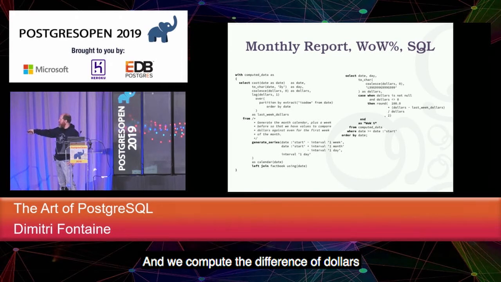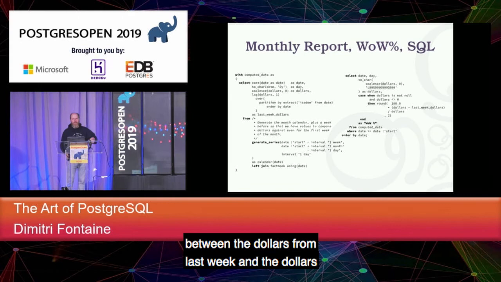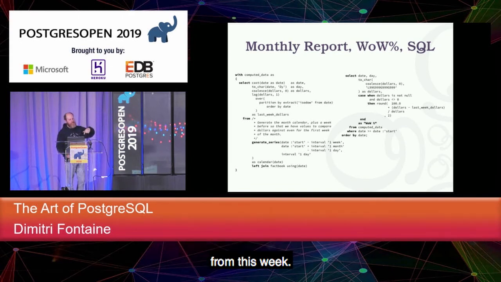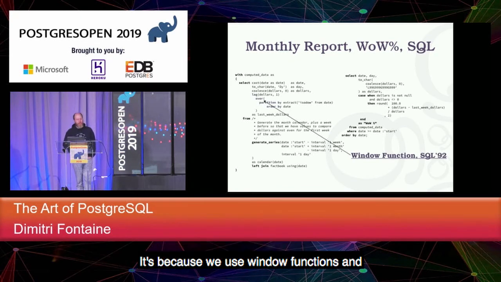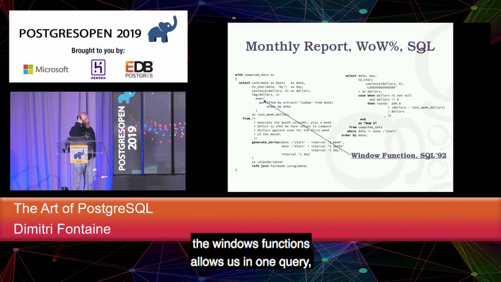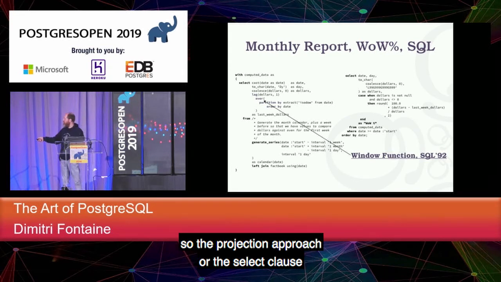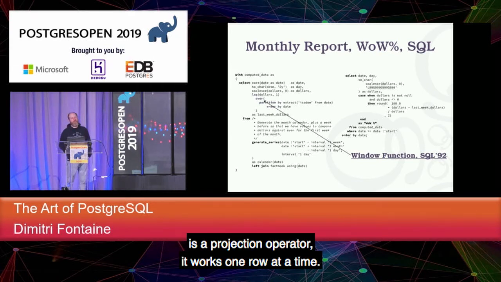And we compute the difference of dollars between the dollars from last week and the dollars from this week. But how do we get those dollars from last week? It's because we use window functions. And window functions allow us in one query. So the projection operator, the select clause is a projection operator.